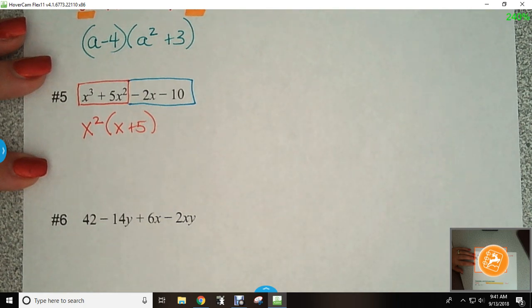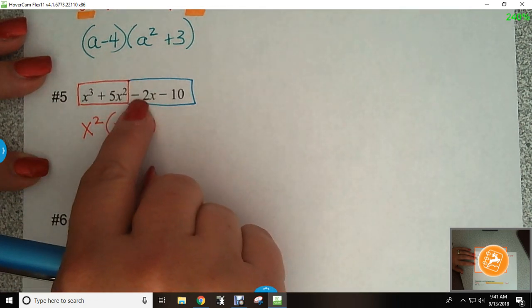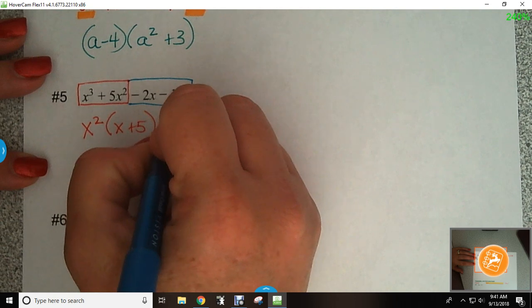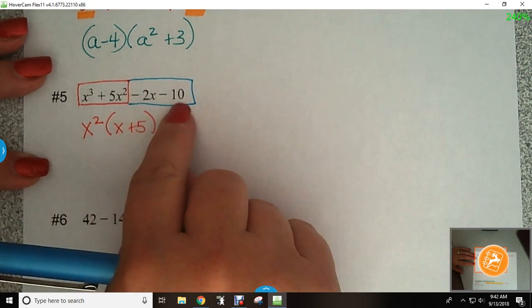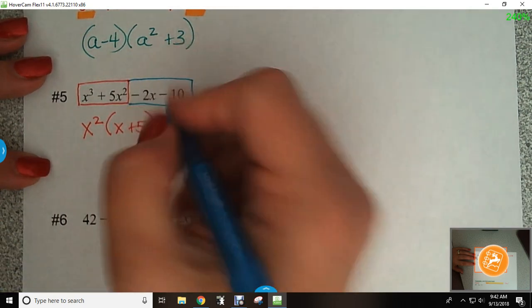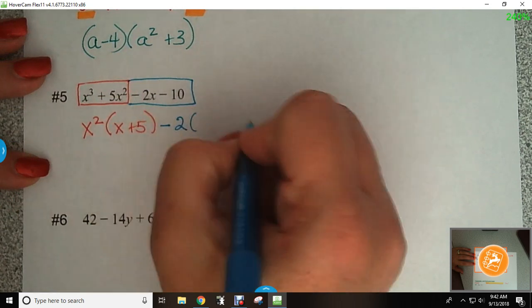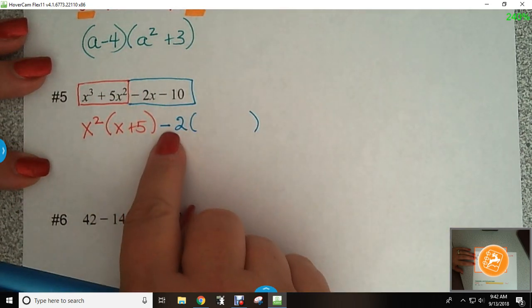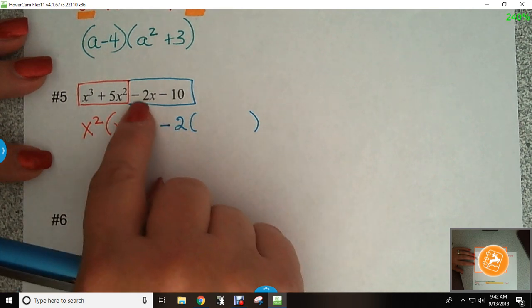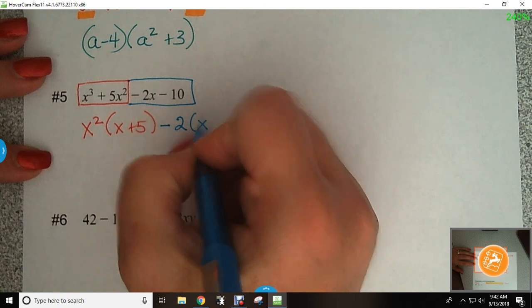In the blue box, this term is negative, so I'm going to put a minus. Now, my greatest common factor for both of these is 2, but take a look, I'm actually putting a negative 2 out here. So if I take this term and divide it by negative 2, I get a positive x.